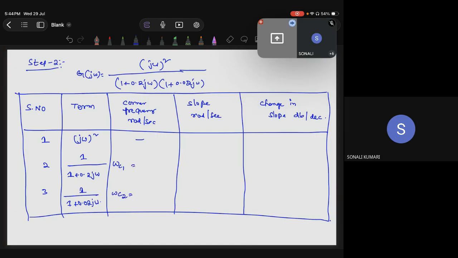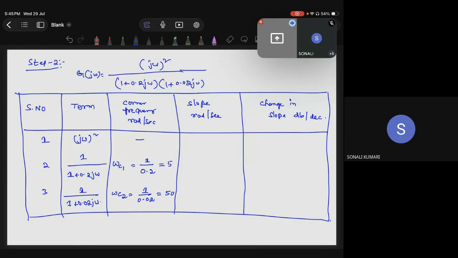Omega c1 is the inverse of the time t1, which will be 5, and omega c2 is the inverse of the time t2, which will be 50.